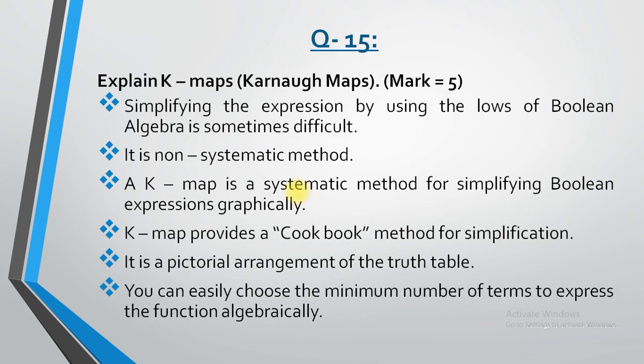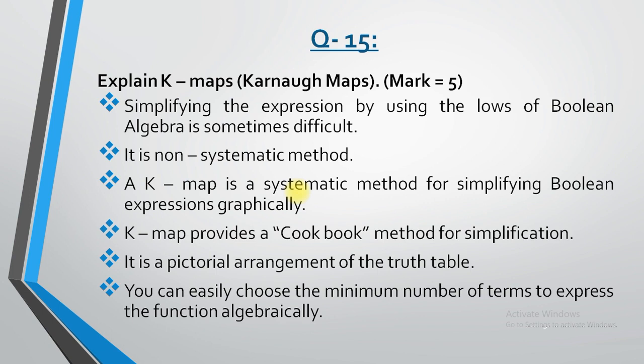Simplifying an expression by using the laws of Boolean algebra is sometimes difficult. Laws mean postulates, so when you simplify a Boolean expression using postulates, it is sometimes difficult. It is also a non-systematic method. To work with a systematic method, you have the concept of the K-map.